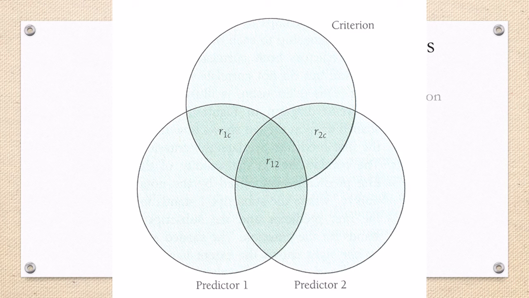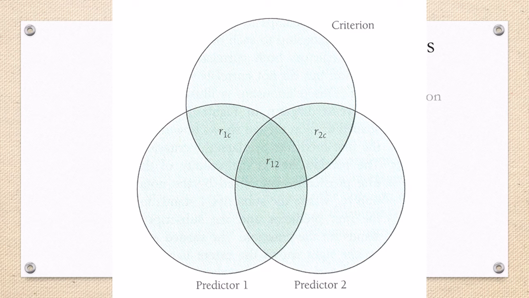Here we have two predictors that have the same strength of relationship with the criterion. However, they overlap in what they are predicting. So written and oral communication are going to have some similarity in how they predict performance.